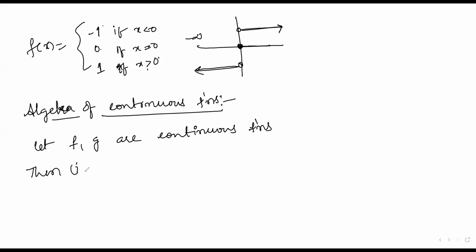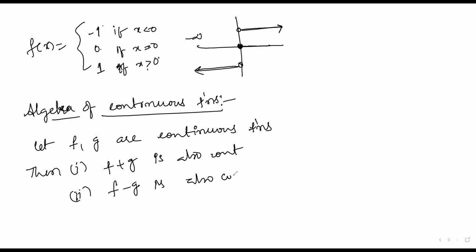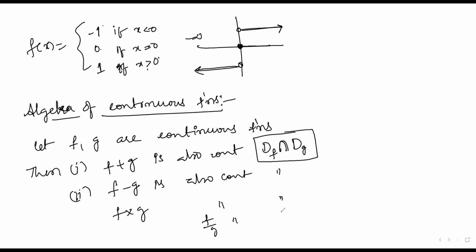Then number 1, f plus g is also continuous, and f minus g is also continuous. Where is it continuous? In the domain of the function. So let's say Df is the domain of f and Dg is the domain of g. So the common domain, the intersection, is where it is continuous. F into g is also continuous in the common domain, and f by g is also continuous in its common domain.